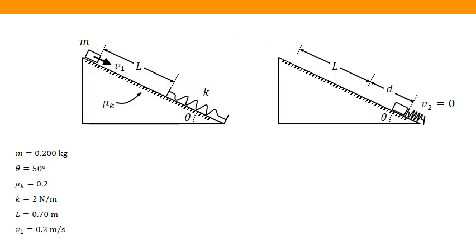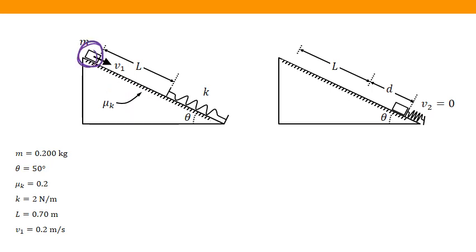Welcome back. You can see here the picture that I've drawn as my interpretation of this problem. I've got my incline, I've got my angle marked, I've got the surface is rough, so I've got my coefficient of kinetic friction marked.